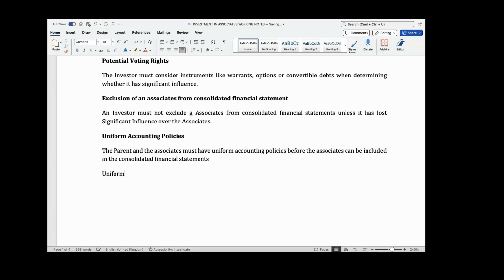Also, uniform reporting dates. Parents and the associates must have uniform reporting dates.